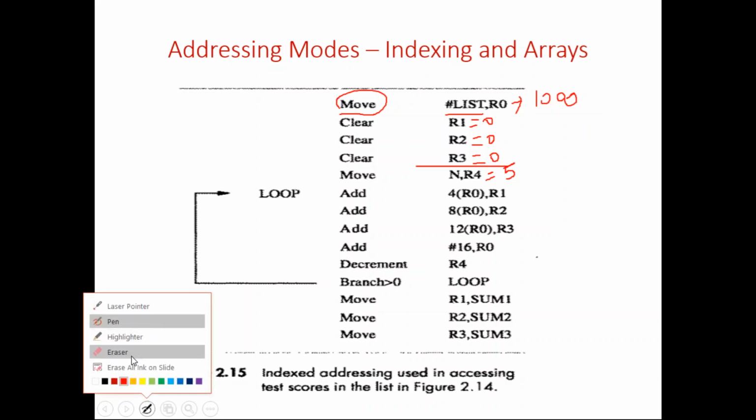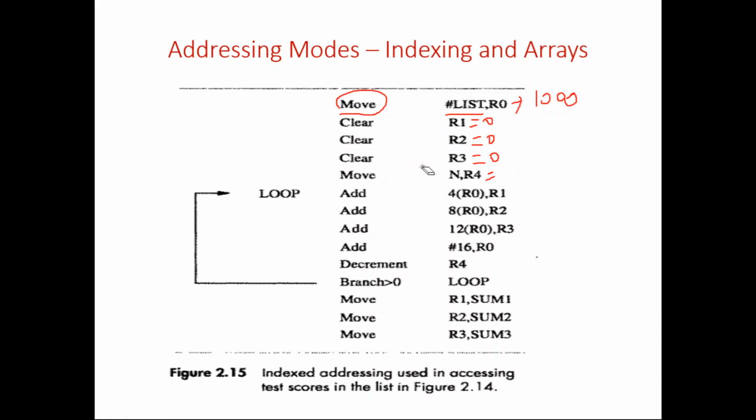Next, we are applying indexed addressing: add 4(R0), R1. R0 within the bracket means it is indirect addressing.